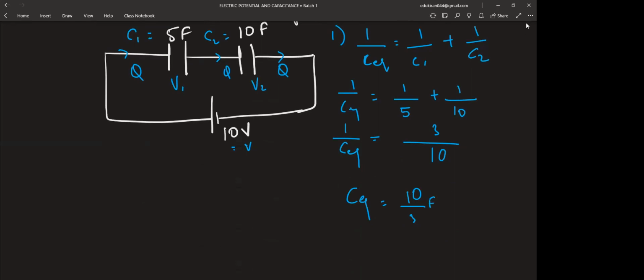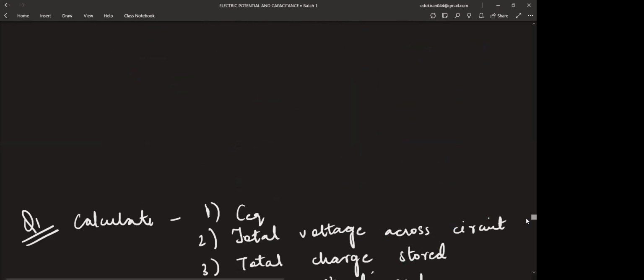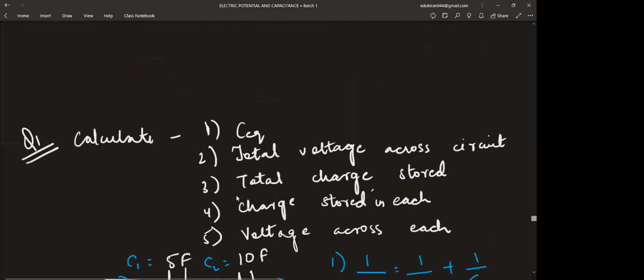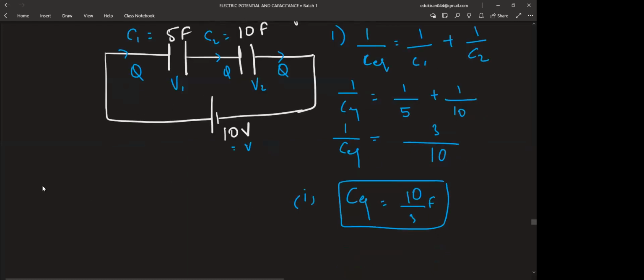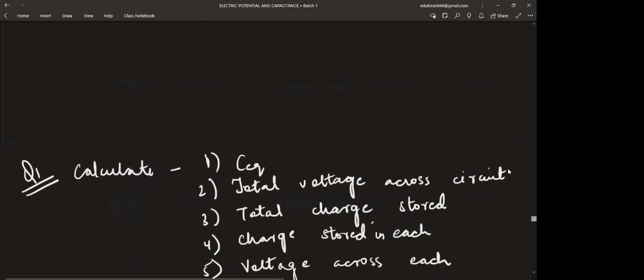Now second part: total voltage across the circuit. Total voltage across the circuit is given. These are the individual voltages, but the total voltage across the circuit is mentioned as 10 volt, right? Now come to the third part, class: total charge stored.